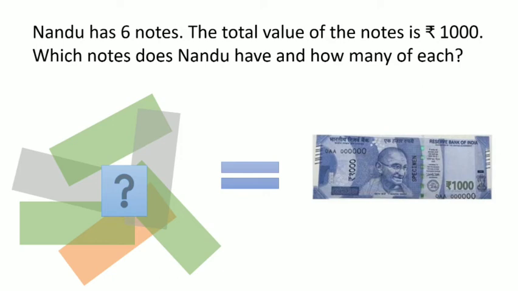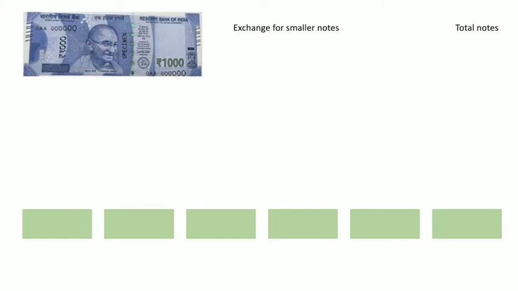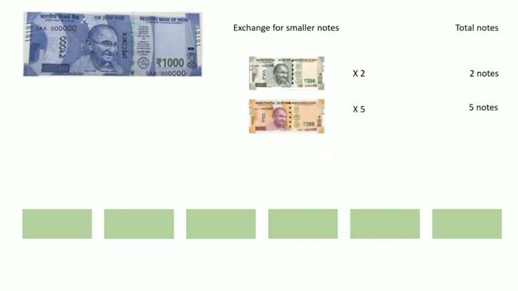So here we will take a 1000 rupees note and we will exchange it for smaller notes. To make 1000 rupees we can take 2 500 rupees notes, but the total is 2 notes and we want 6 notes. We can take another exchange for smaller notes, that is 5 200 rupees notes, but still it is 5 notes.